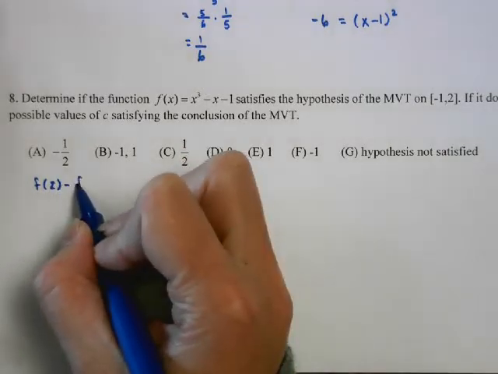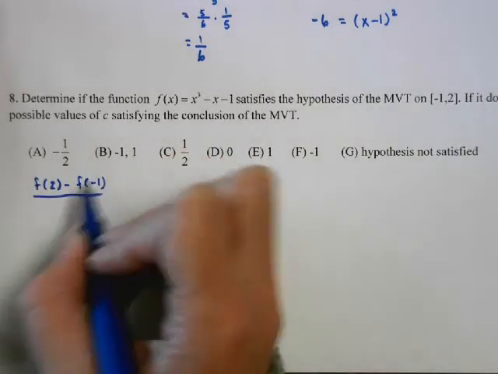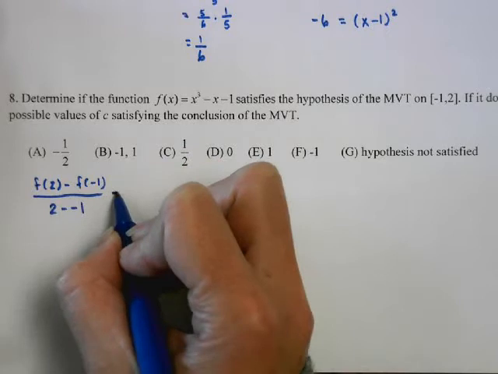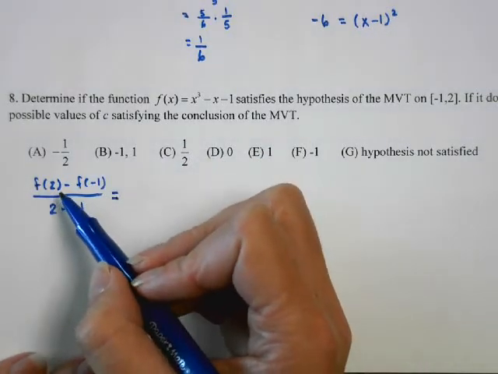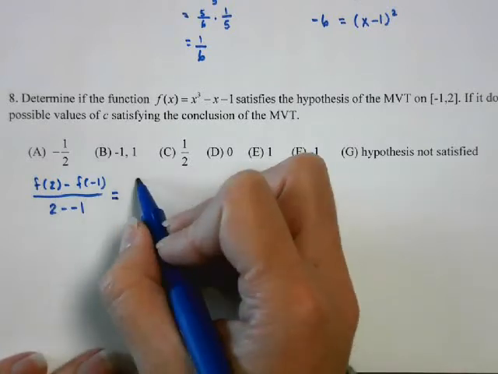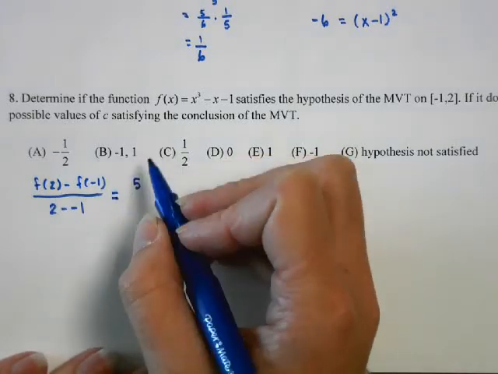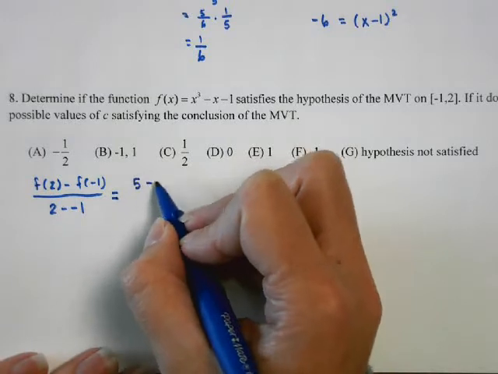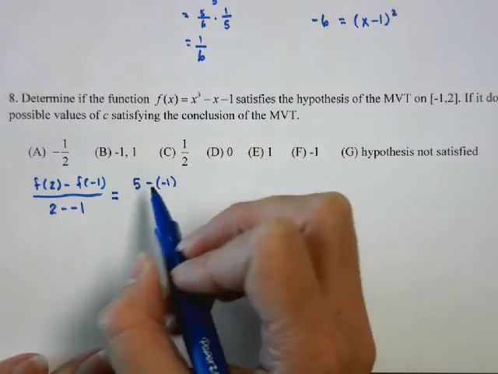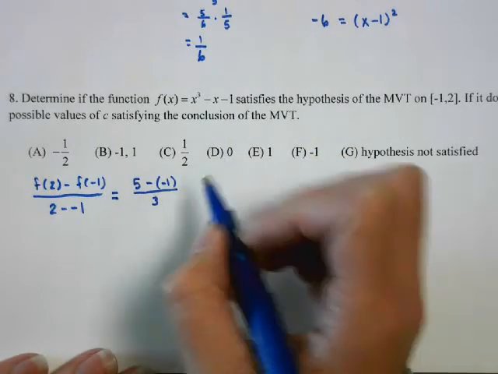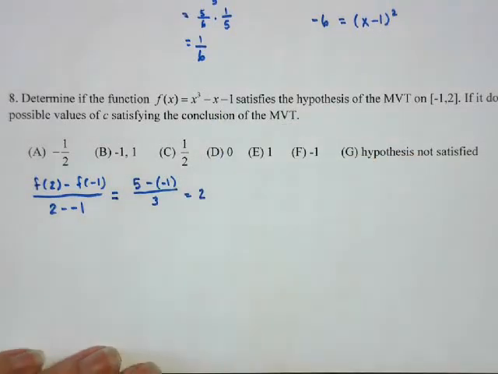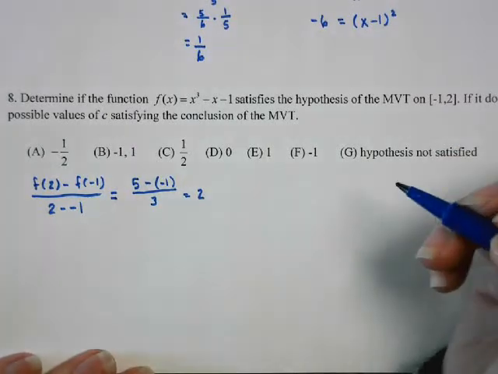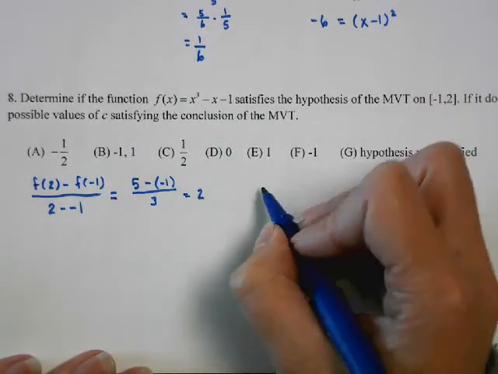So f of 2 minus f of negative 1 over 2 minus negative 1. f of 2, when we plug that in, is going to be 5. f of negative 1, when we plug that in, is going to be negative 1. So we have 6 over 3, which is 2. So we're trying to find where the derivative between negative 1 and 2 is 2.